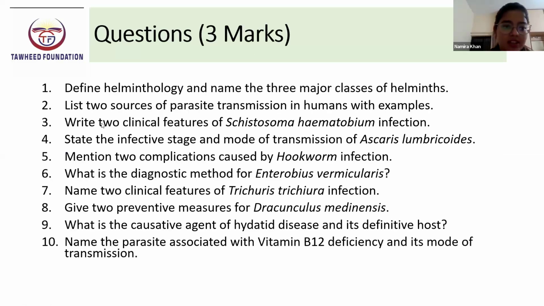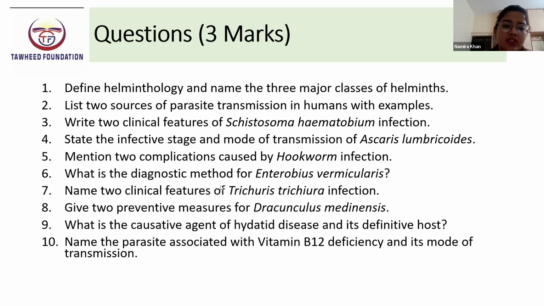Questions for 3 marks. First, define helminthology and name the three major classes of helminths. Second, list two sources of parasite transmission in humans with examples. Third, write two clinical features of Schistosoma haematobium infection. Fourth, state the infective stage and mode of transmission of Ascaris lumbricoides. Fifth, mention two complications caused by hookworm infection.